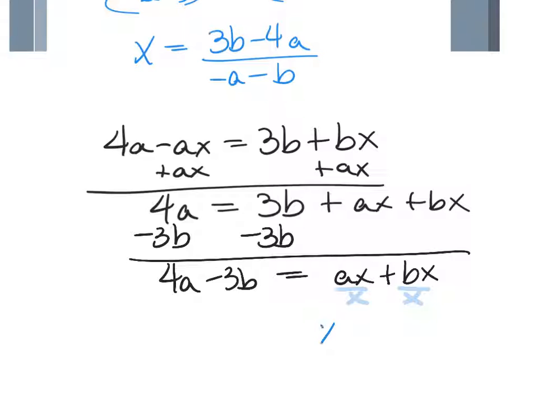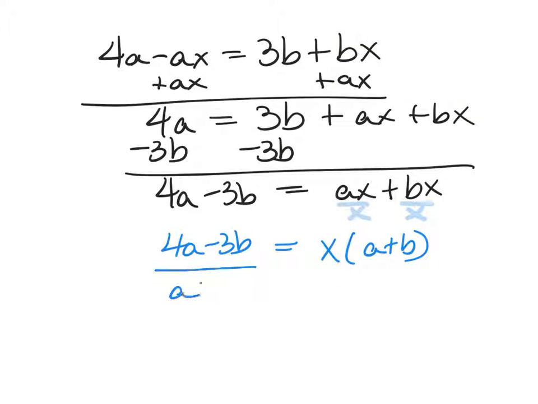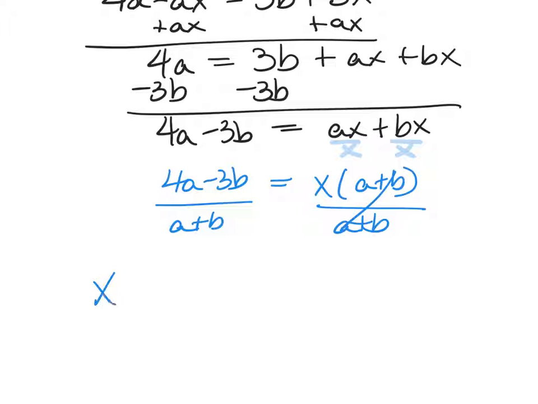So then I get x times a plus b. And now to isolate x, we divide by the a plus b. So final answer here is x is equal to 4a minus 3b over a plus b.